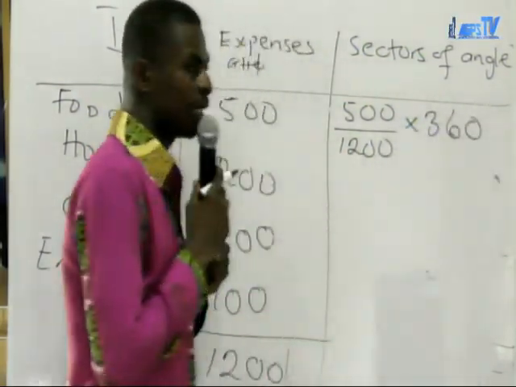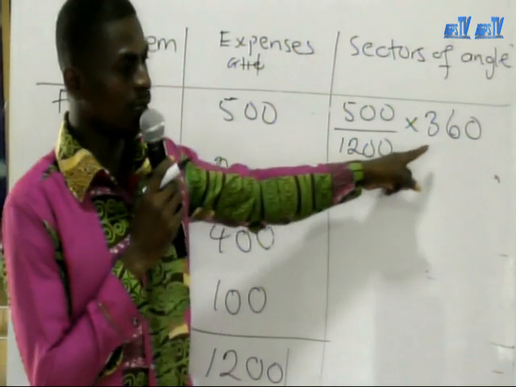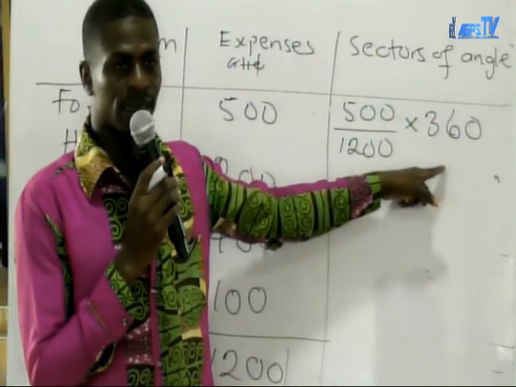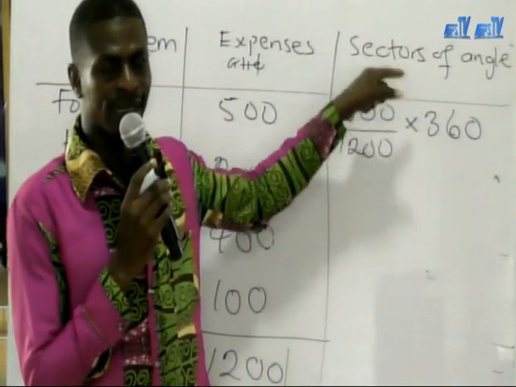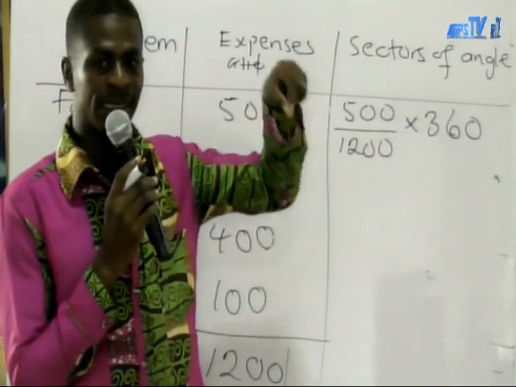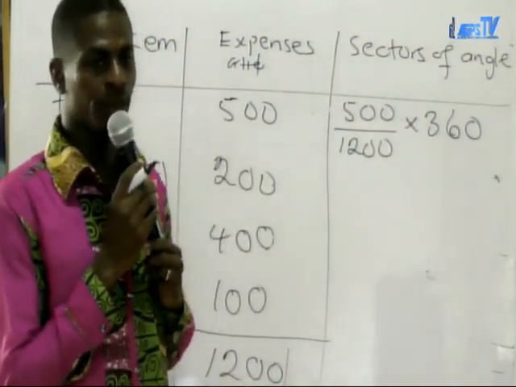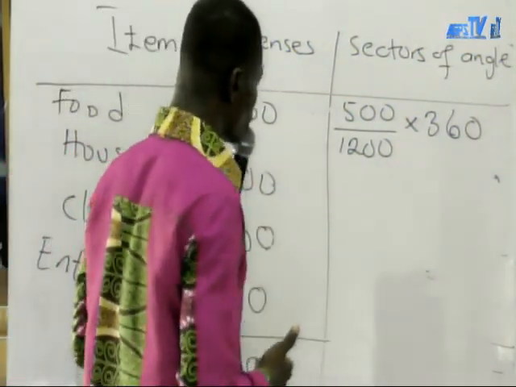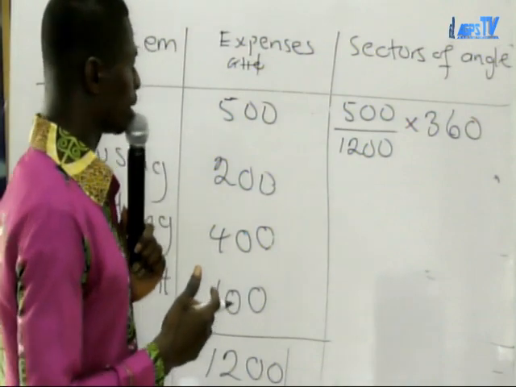Once again, I said we are multiplying by 360 because it is the total circumference of a circle. And because per chart a circle graph, we need each angle sector to be able to do that. And so here we are going to do that.